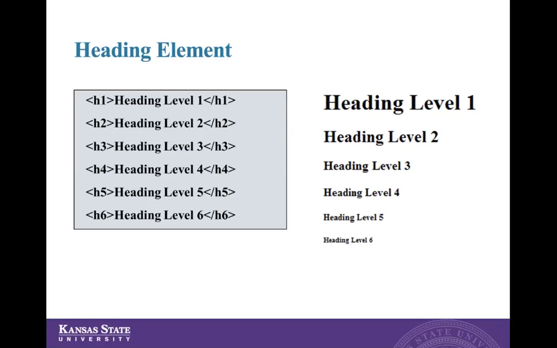And so we use this to organize the content within our web pages, right? And then, when we get a little bit deeper into this and start working with cascading style sheets, CSS, we can start applying different fonts, specific sizes, colors and things like that to these different headings, okay?